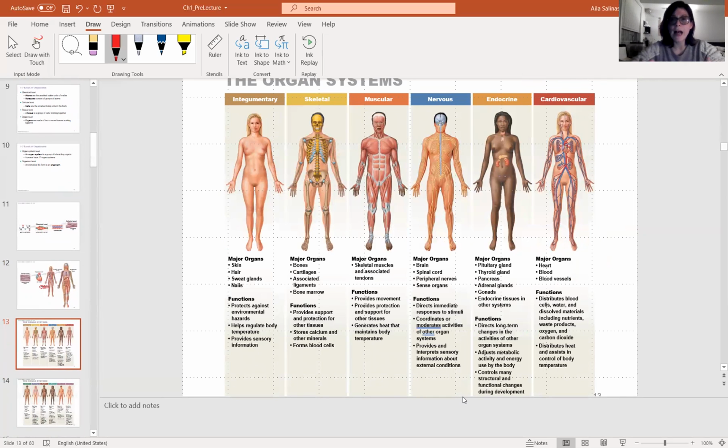So we have some different organ systems in our body. We have the integumentary system that protects our body, for example, skin and the fat that insulates. We have the skeletal system that is essential to keep our posture straight, to protect our soft organs, and to aid with movement.